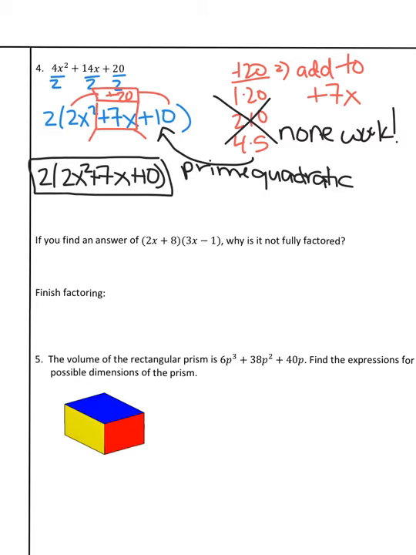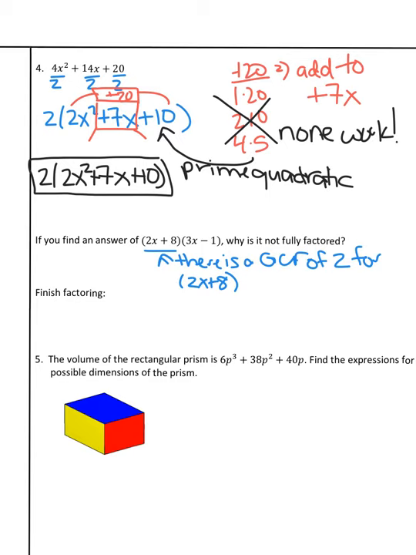And it's because if we look here at the 2x plus 8, the 2x plus 8 has a GCF, right? There is a GCF, right? 2 and 8 have 2 in common. So there is a GCF of 2 for 2x plus 8, right?